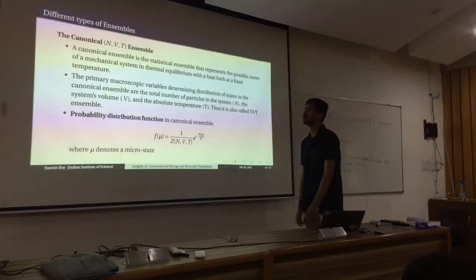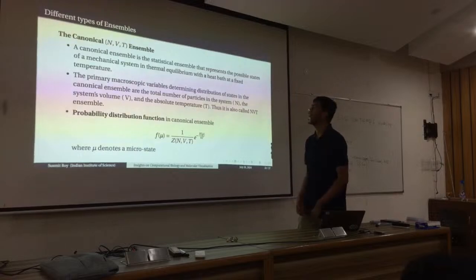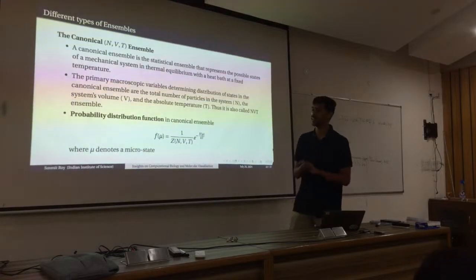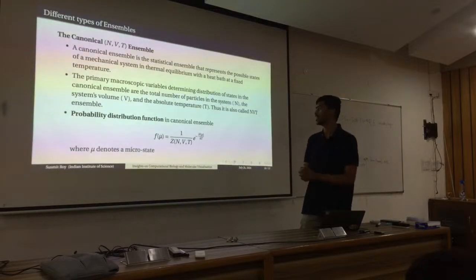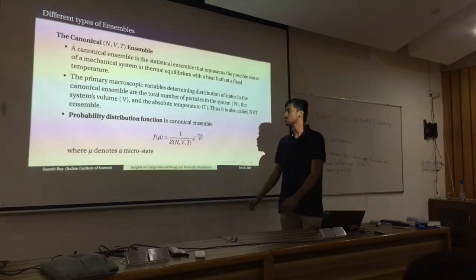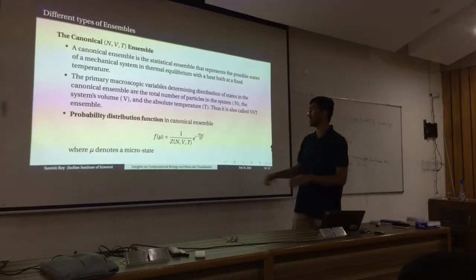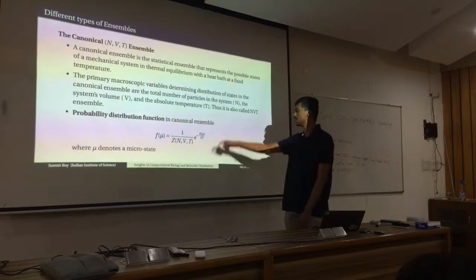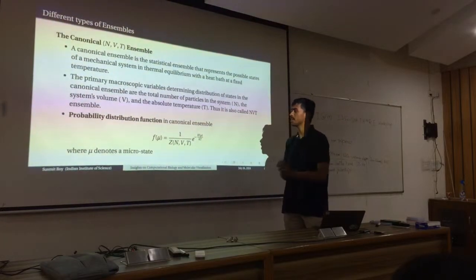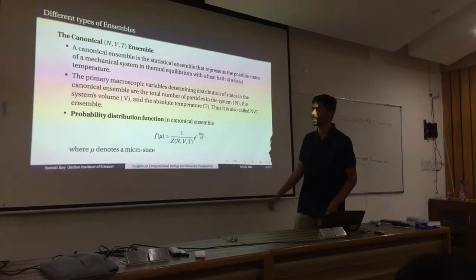The next ensemble is the canonical ensemble, where you have constant number, constant volume, and constant temperature. How do you maintain constant temperature? You connect it to a heat bath, and that maintains the constant temperature. If you do all the formalism in stat mech, you get the famous Boltzmann distribution, which says that the probability of a microstate is proportional to e to the power minus H by kT.